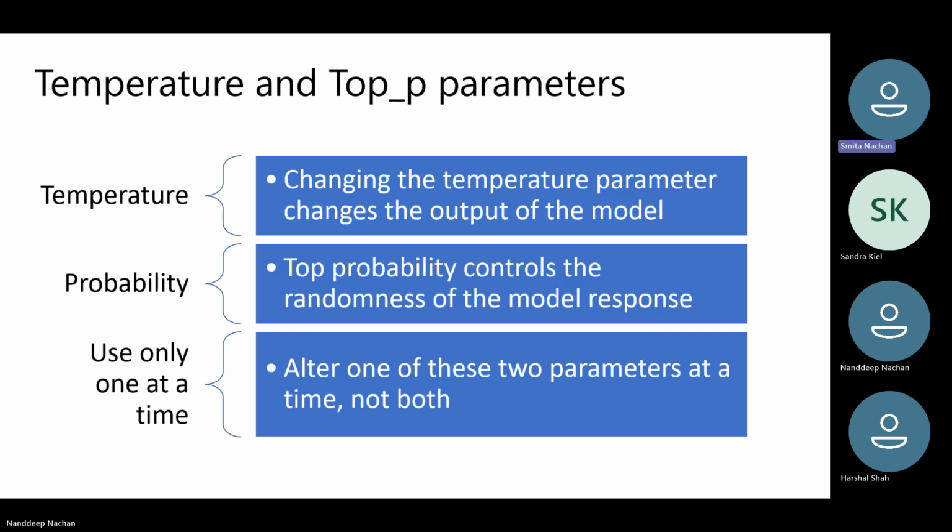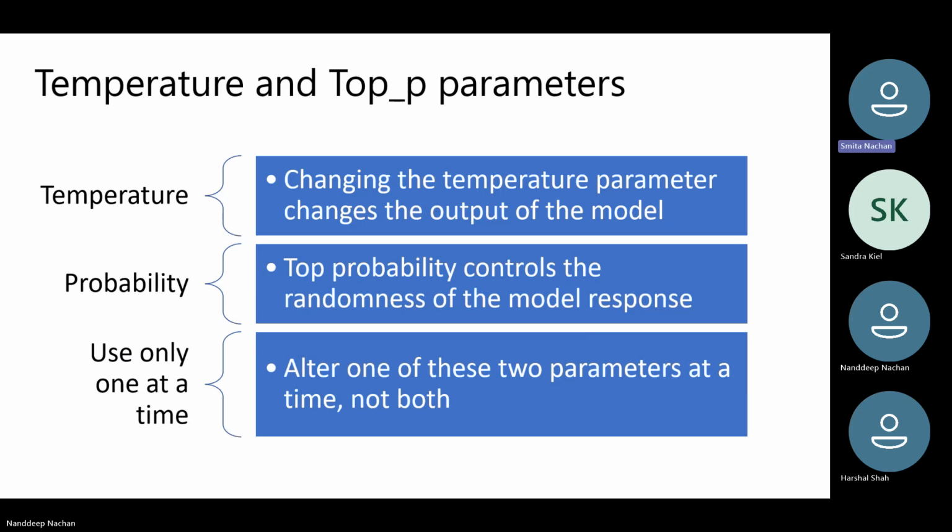So with that, let's go ahead and check this. What are the temperature and top-p parameters? Okay, so changing the temperature parameter changes the output of the model. The temperature parameter can be set between 0 and 1.